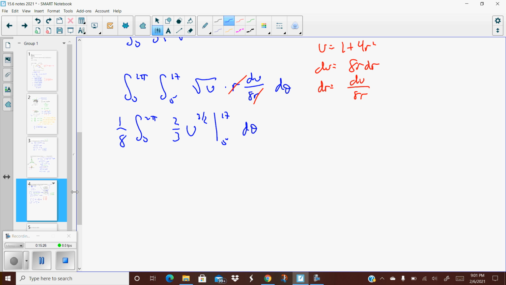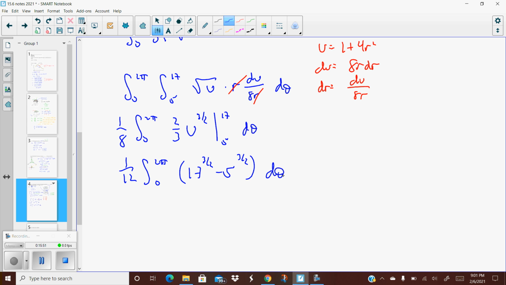I probably could have separated this stuff, but it won't matter. I'll pull the 2/3 out to the front, and that's going to give me 1/12. The integral from 0 to 2 pi of 17 to the 3/2 power minus 5 to the 3/2 power d theta.